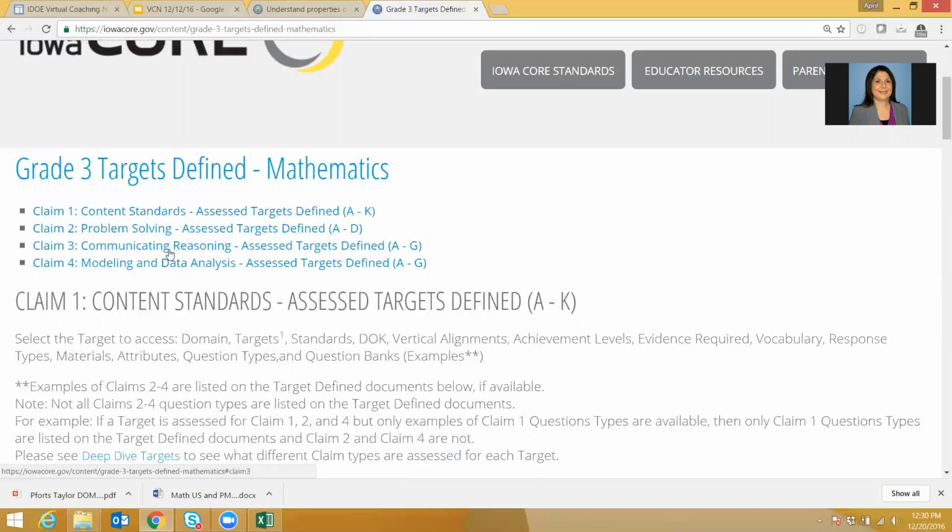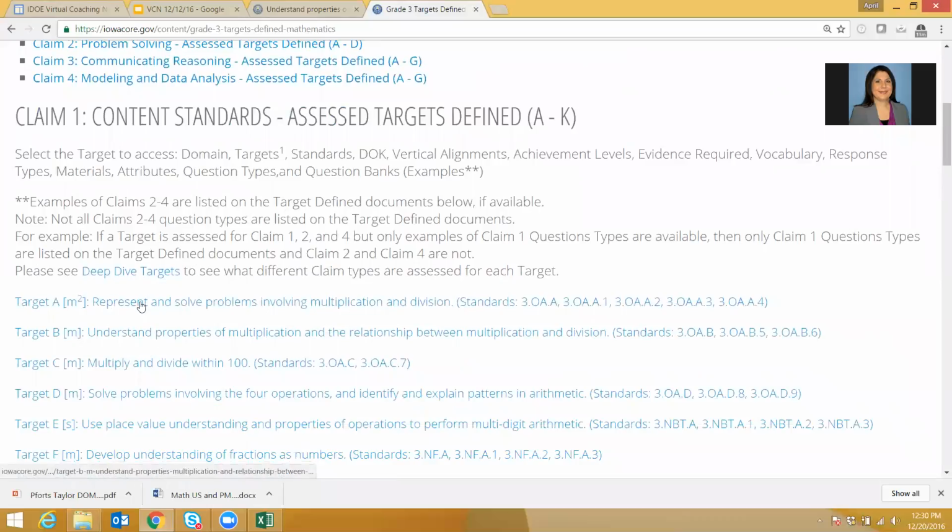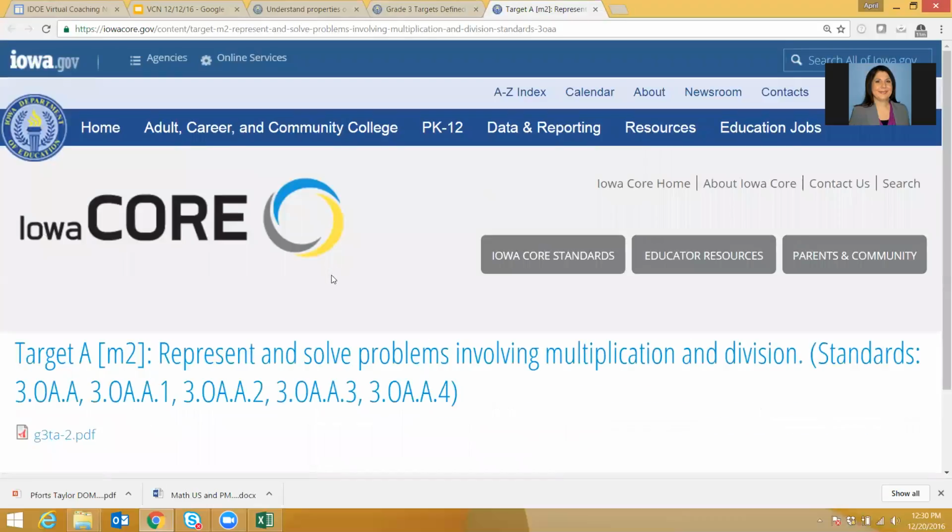Maybe I'm explaining some reasoning. The standards in there are going to be from the content standards. But when I use my standards for mathematical practices, it has a higher cognitive demand, so my DOK level increases. So let's go back down and look at Target A for 3rd grade.